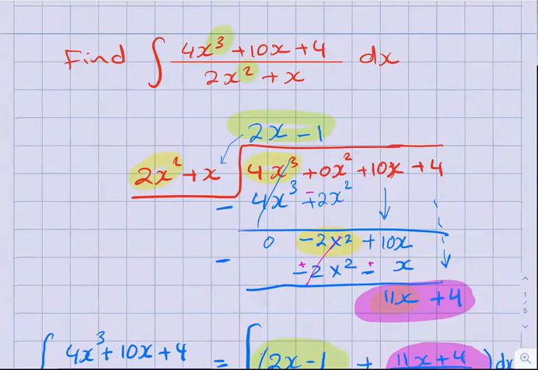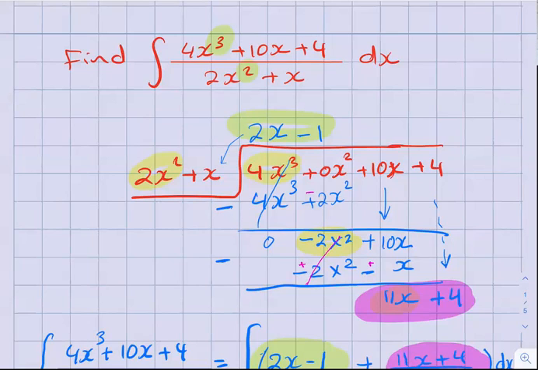That means the top has x to the power 3, which is higher than x squared. Even if the top was 4x squared, if it's higher or the same as the denominator, then we need to do the long division.